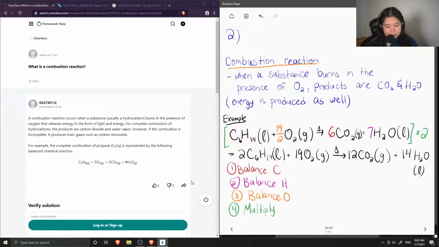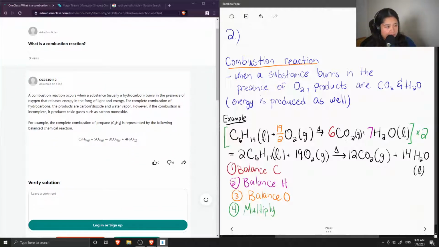Okay, so let's see what the junior tutor said. A combustion reaction occurs when a substance, usually a hydrocarbon, burns in the presence of oxygen, which releases energy in the form of light and heat. For complete combustion of hydrocarbons, the products are carbon dioxide and water vapor.